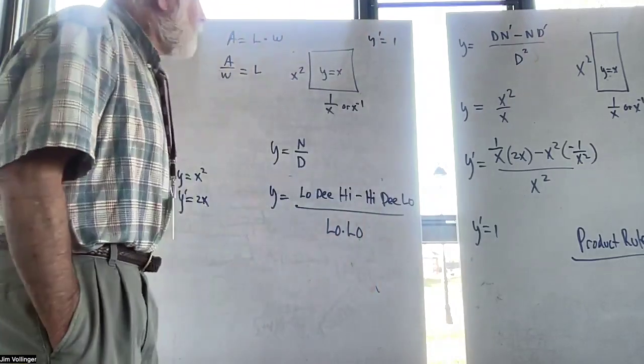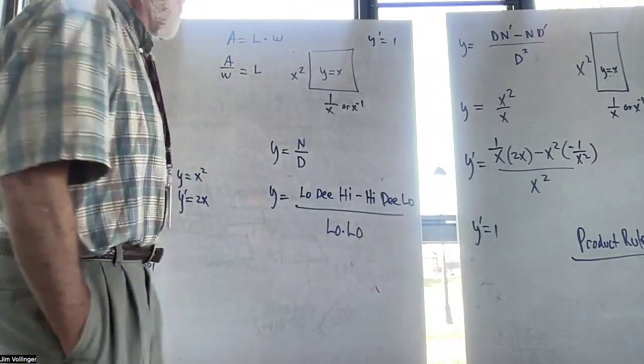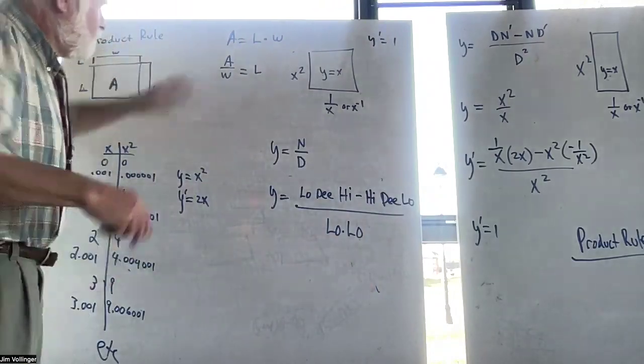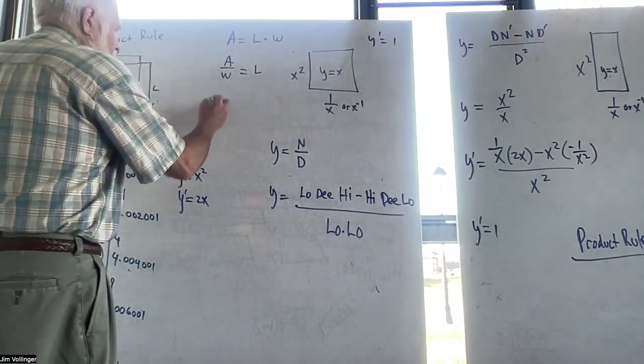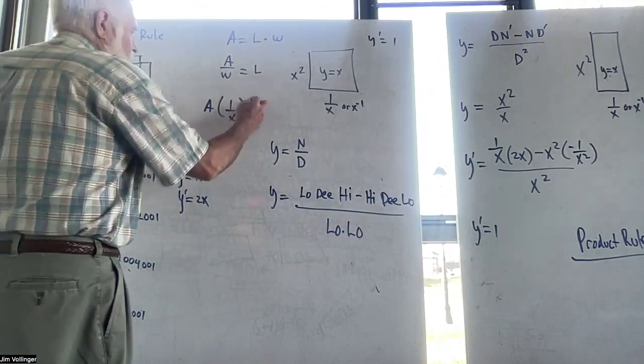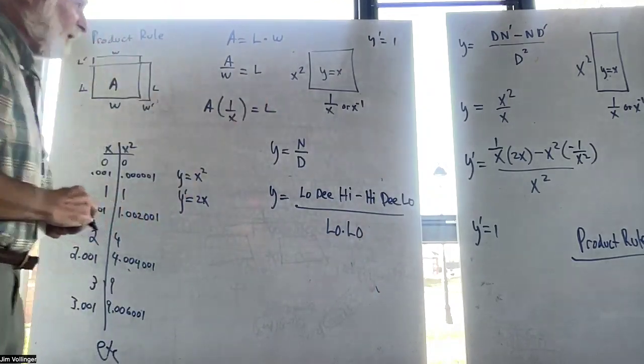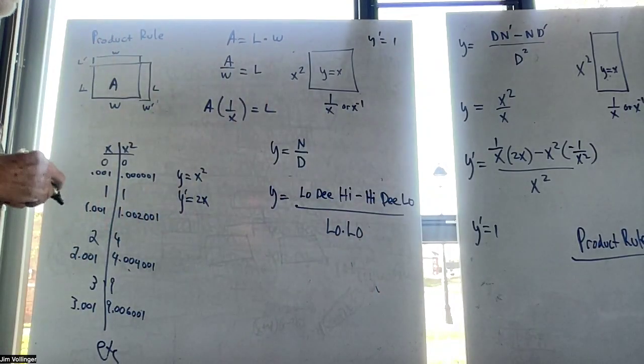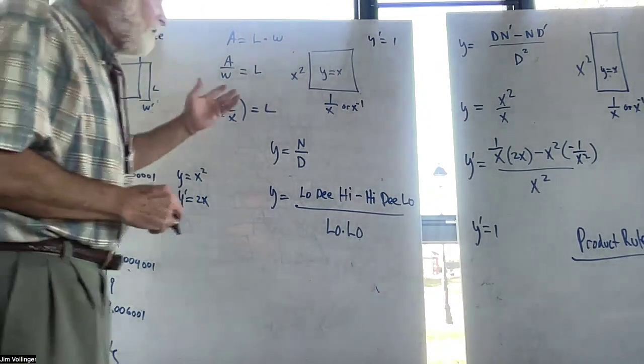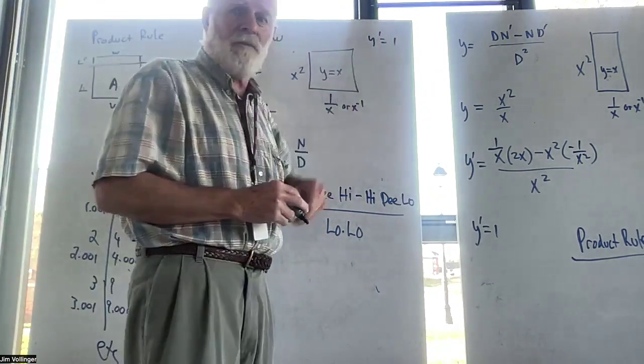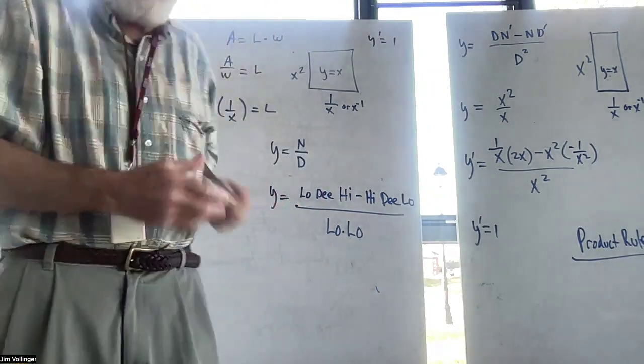But in this case, we're really multiplying the area times 1 over x to get that other side length. And the number should work out. If we work this out, it should come to a derivative of 1. Well, let's find out if it does.